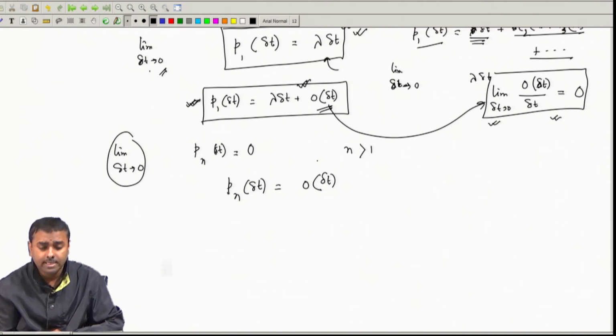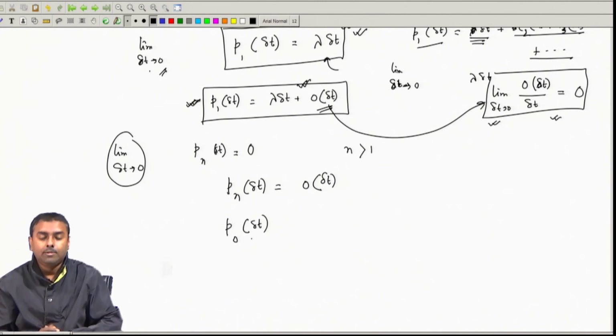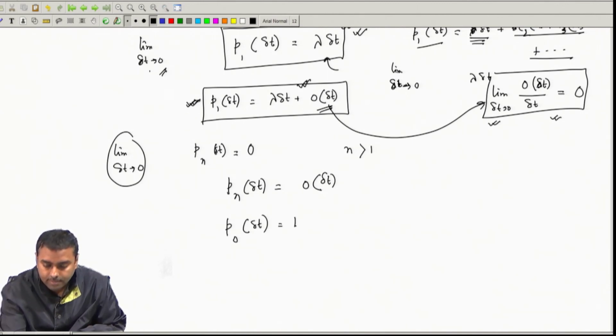Let us now see, the only thing that is left is 0 arrival. What is the probability that 0 arrival will happen in delta t? Because we have calculated all other probabilities, it is just 1 minus all those. So, 1 minus the probability that one arrival will happen, and minus the summation over n of the probability P n delta t.